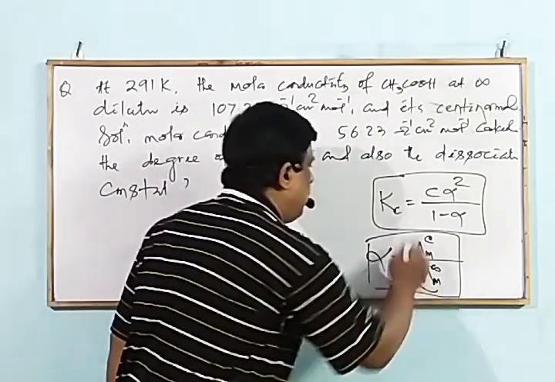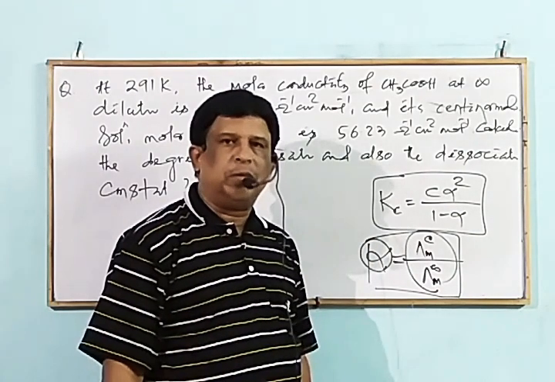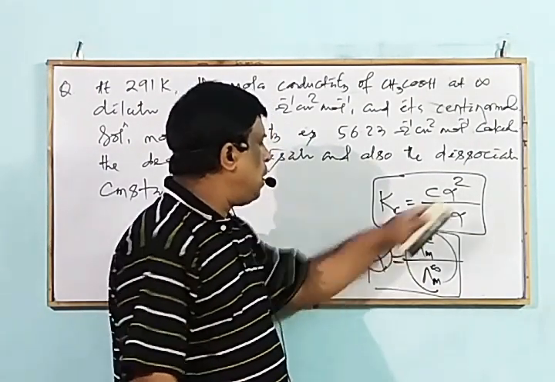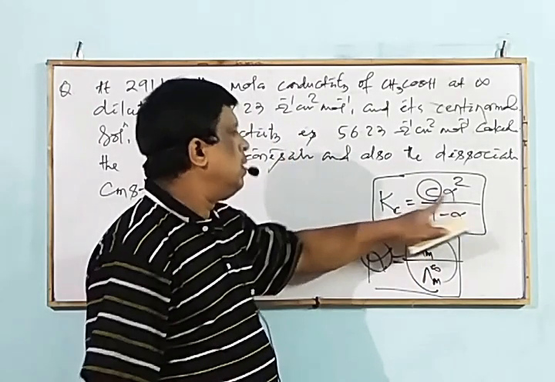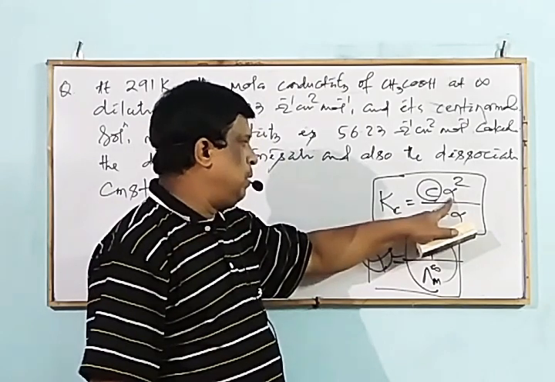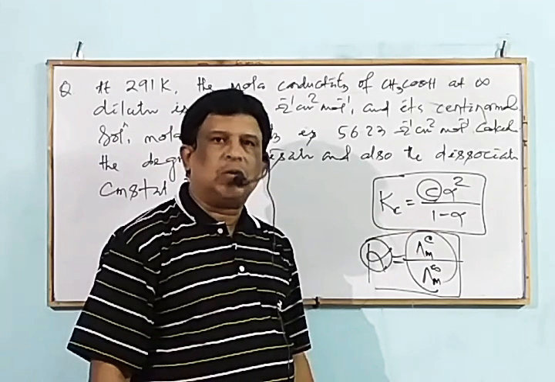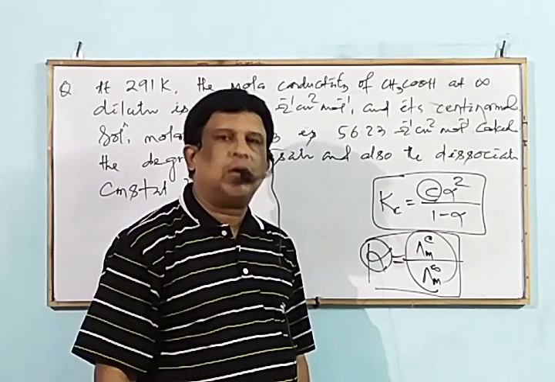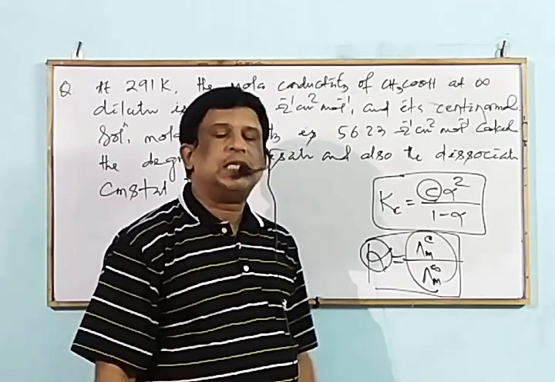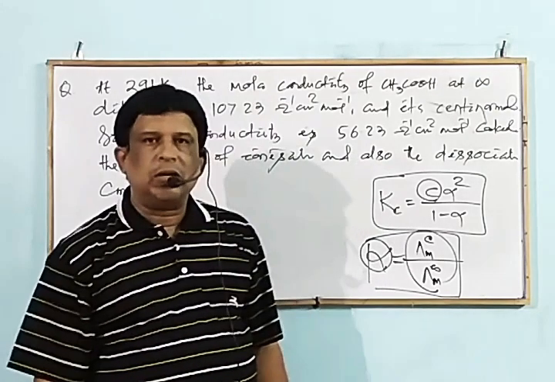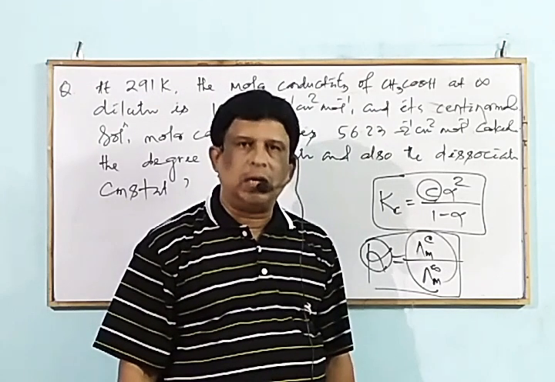By simply dividing, one can calculate the degree of ionization or degree of dissociation. Putting this value, along with the centinormal solution concentration given, one can easily calculate the dissociation constant or ionization constant. This is all about the application of the law of independent migration of ions, or Kohlrausch's law.